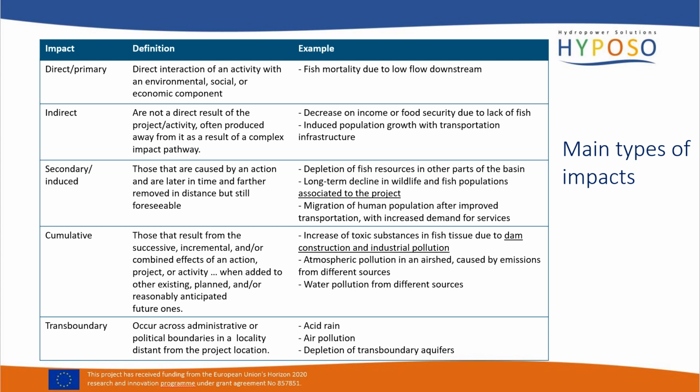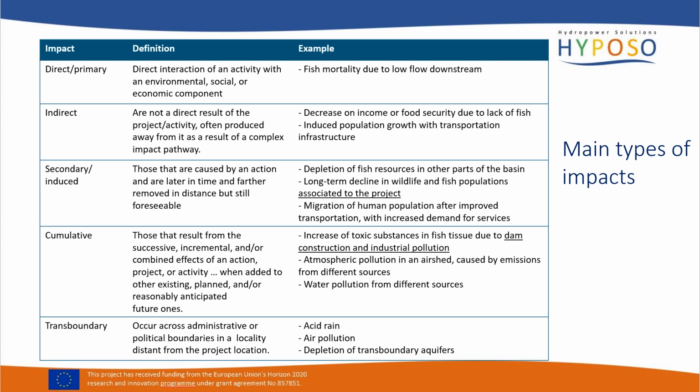So cumulative effects occur with the interaction of past, present, and future projects or activities in the area. And for this, at the level of a project, we need to know how much the particular project is contributing to that. And I will cover this later.